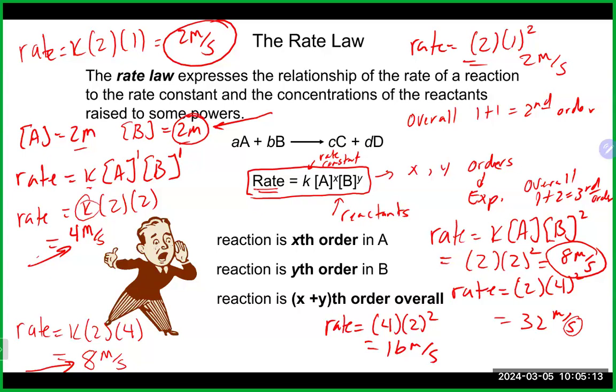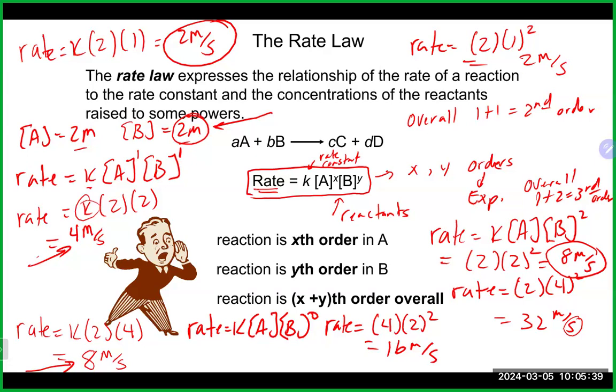What happens if I had a rate equal to k[A][B]^0? B to the 0, or anything to the 0 power, is 1. So in this particular case, the only one that really affects the rate is which concentration, A or B? It is A, right?